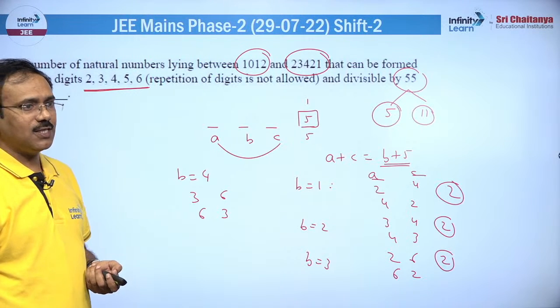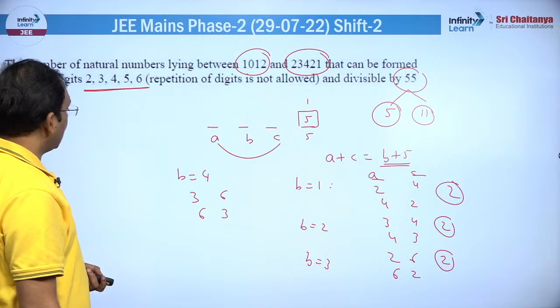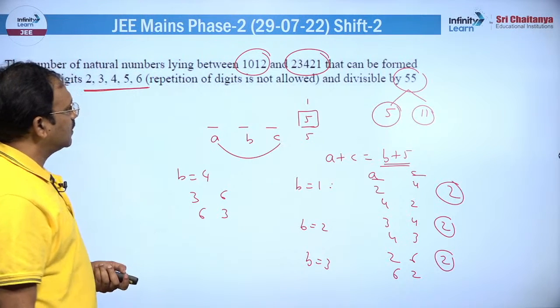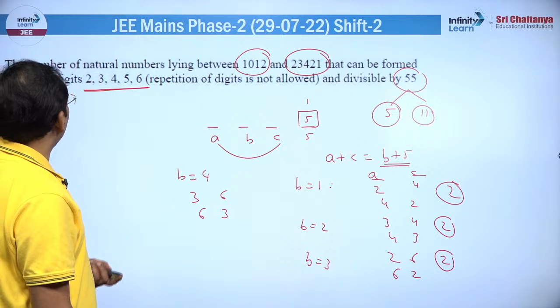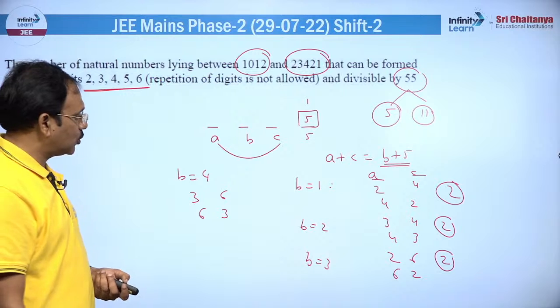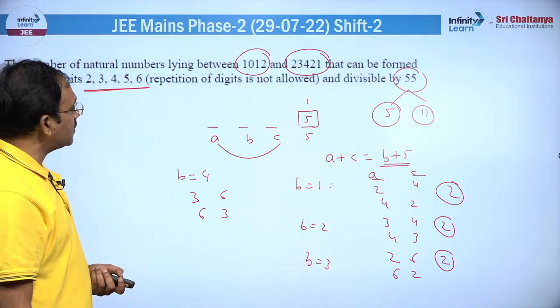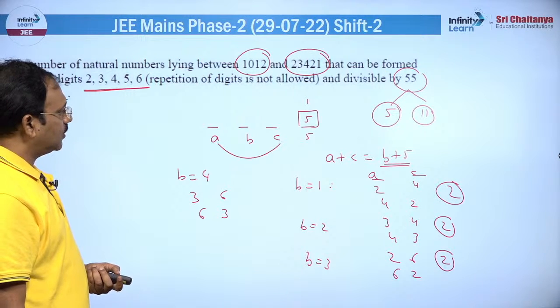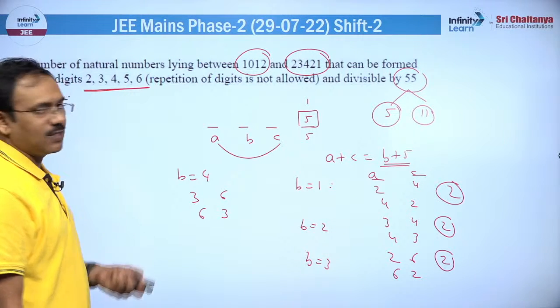And after this, B is equal to 5 is not possible, B is equal to 6 means 6 plus 5 is 11, that combination is not possible with other things, right. So these are the things, but B is equal to 1 means you can see A, C as 2, 4 is fine, everything is fine, right.